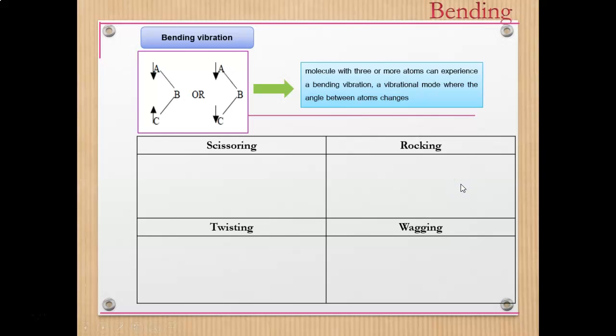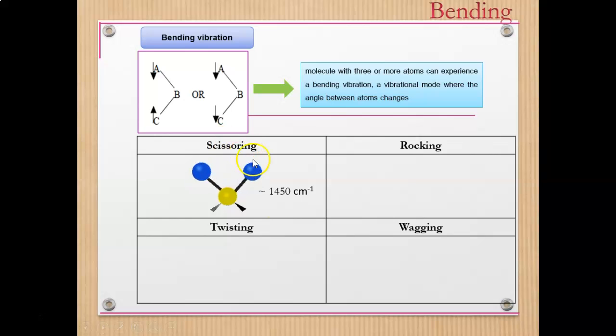Now we look at the bending vibration. A molecule with 3 or more atoms can experience a bending vibration, a vibrational mode where the angle between atoms changes. So we have scissoring, where the angle between the atoms is changing, because the way it bends is different depending on the type of the movement.